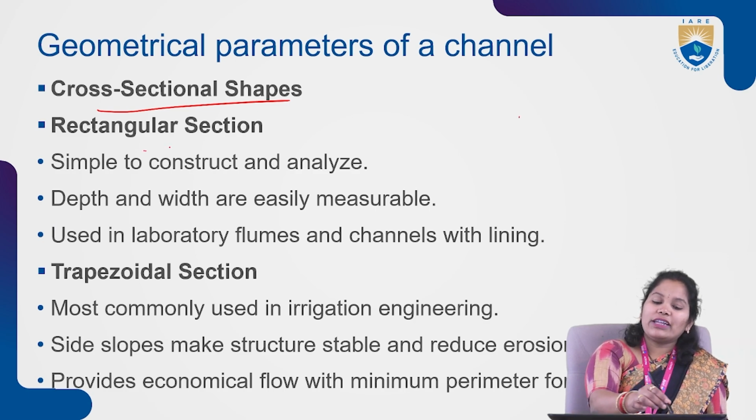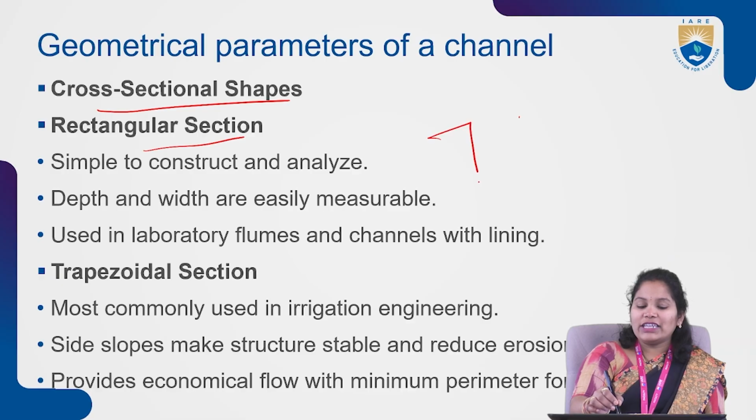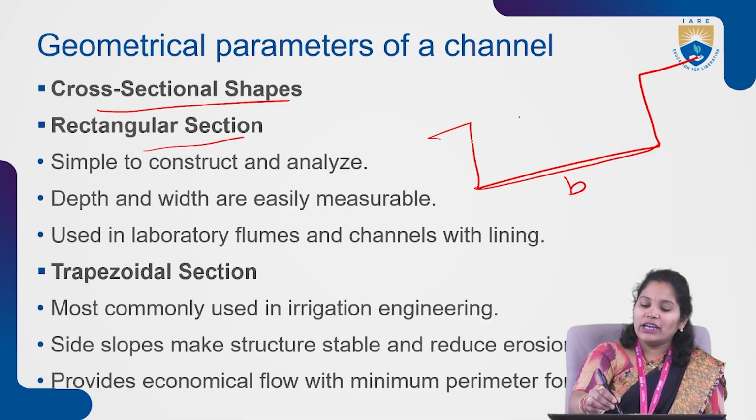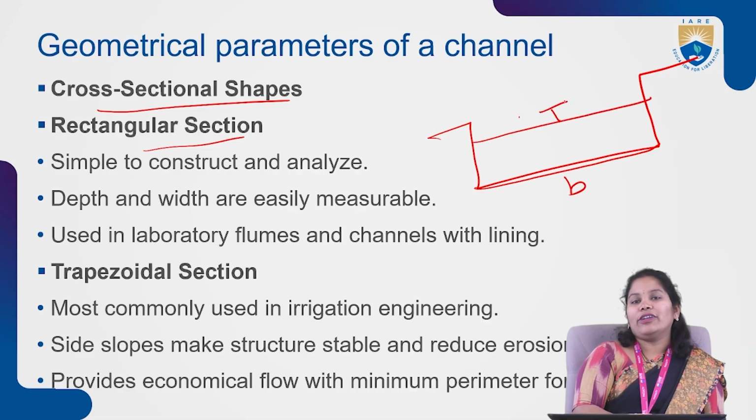So here, rectangular section. If the channel is rectangular, it is very easy because whatever the bottom width B is, that is your top width T. Bottom width and top width are both the same, and it is easy to construct and analyze the flow, right?